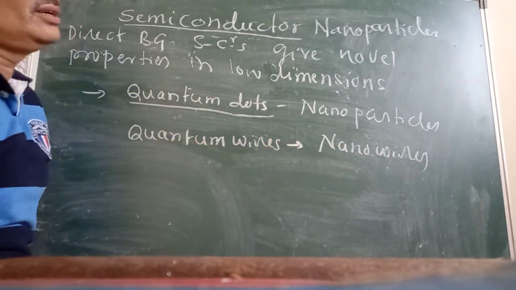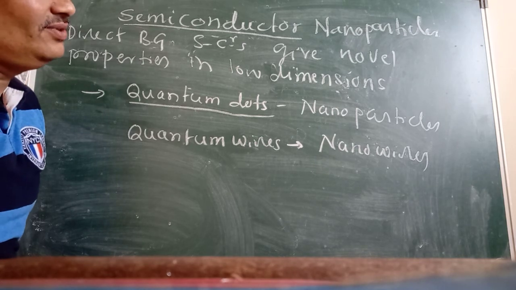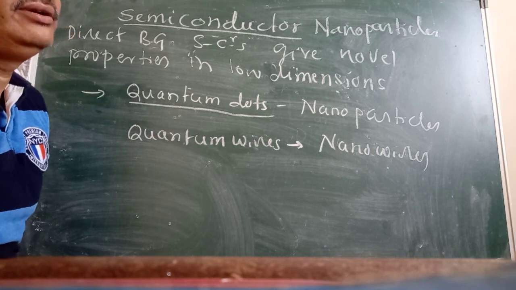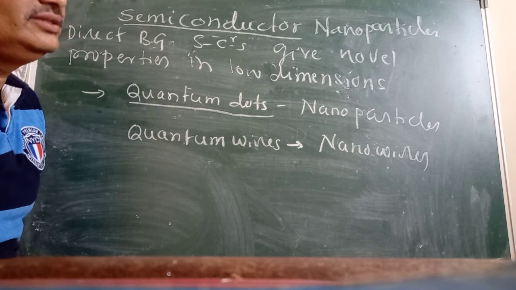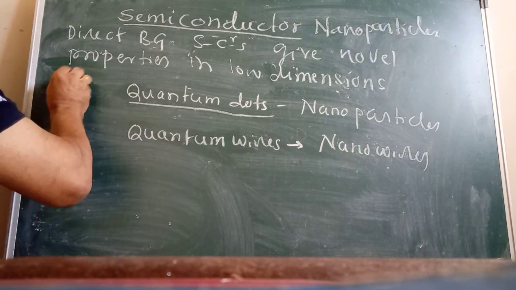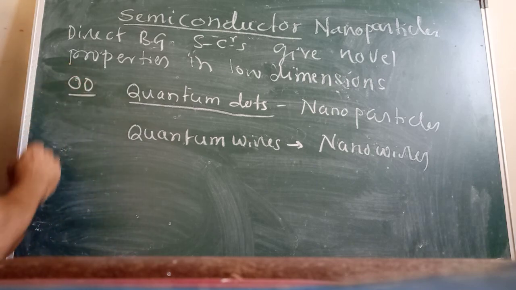Many semiconductors are grown in the form of nanowires. Nanowires have a diameter in the nano range but are lengthy. So these are also called one dimensional, as we already studied, and zero dimensional nanomaterials.